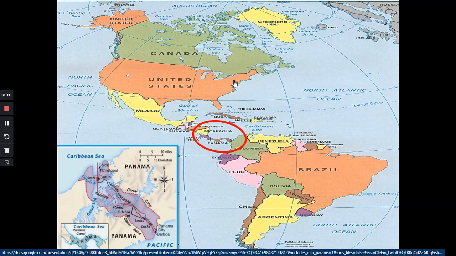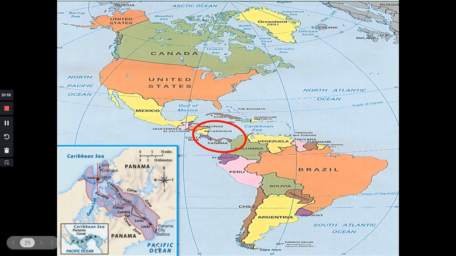So again, it's going to shorten our time going through the Panama Canal to California and vice versa. And here it is. Now notice, when they're building the canal, part of this has natural lakes, so we didn't have to dig that part. But many Americans are going to die building this canal.